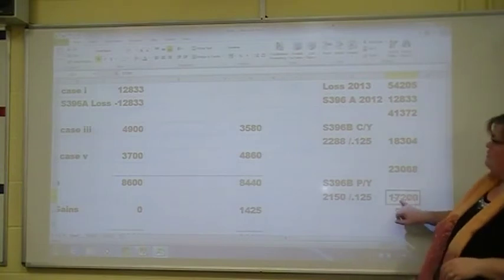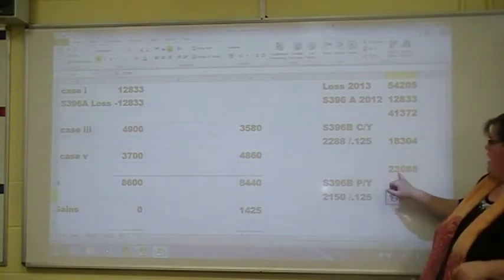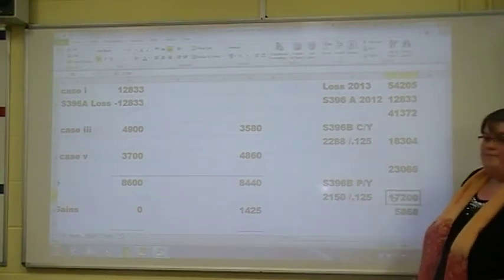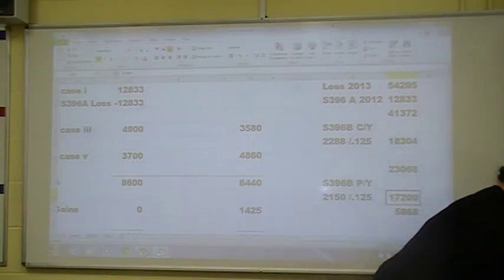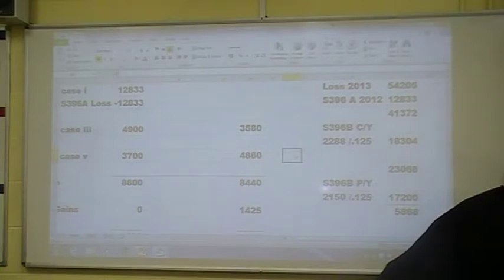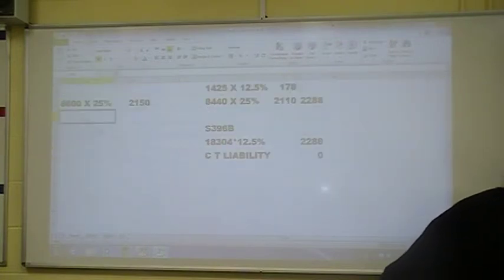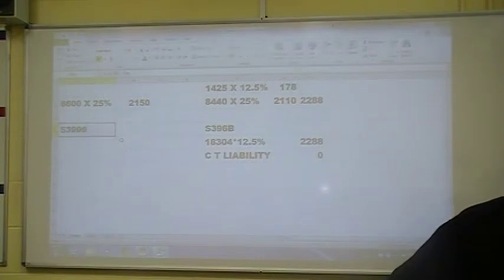So we need 17,200 worth of this loss to get rid of 2,150 worth of corporation tax liability. Is that okay? Yeah? So if I go over here then, my section 396B will be 17,200 by 12.5%, which will be 2,150, giving me a liability of 0.